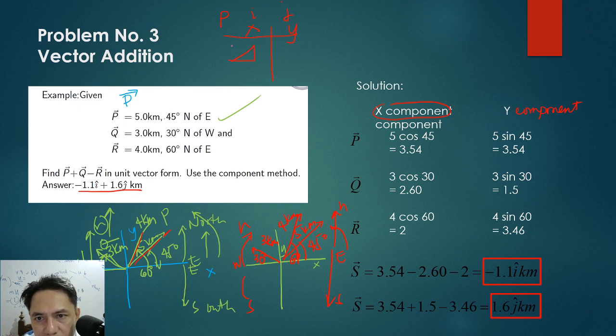Here is the angle 45. Here is, sorry, here is 5 only. So in order to get the x component of this, we should take the hypotenuse, which is 5, then the cosine of the angle, which is cosine 45, right?